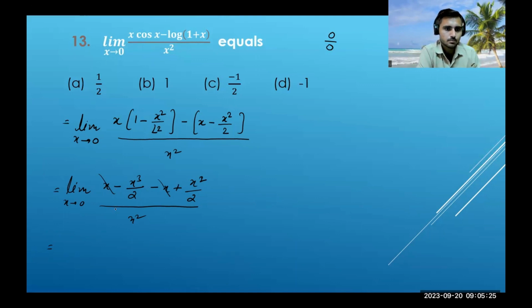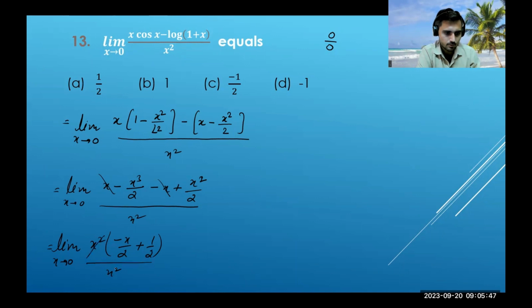So it's fine. We'll take x square common. So we have x upon 2 and then plus 1 upon 2, right? Then x square, so these are cancelled out.